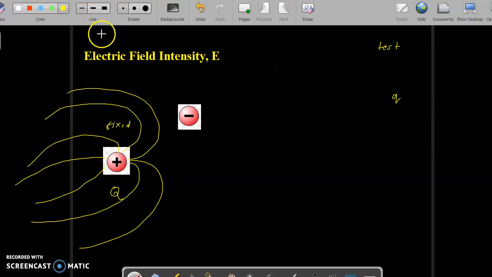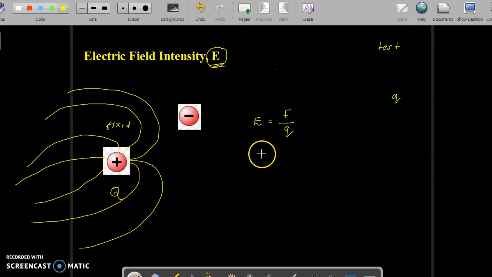So before that, the definition of electric field, or electric field intensity, usually we notate with the symbol E, is defined as electric force per unit charge. So it is given by force per unit charge.